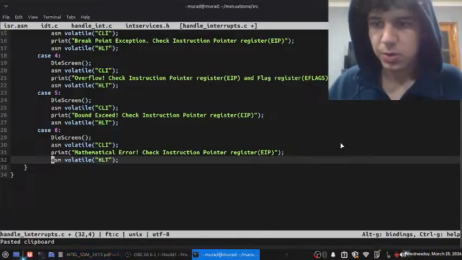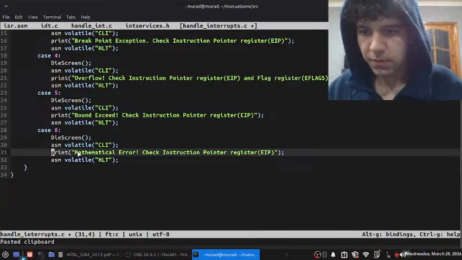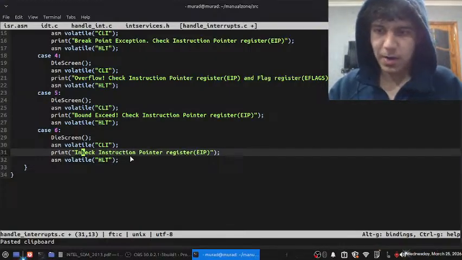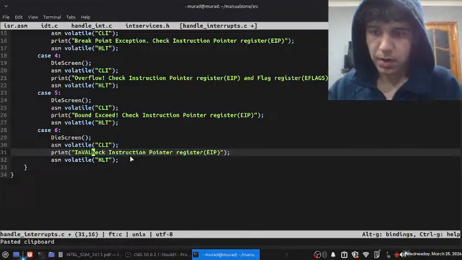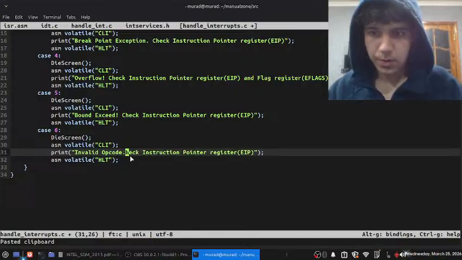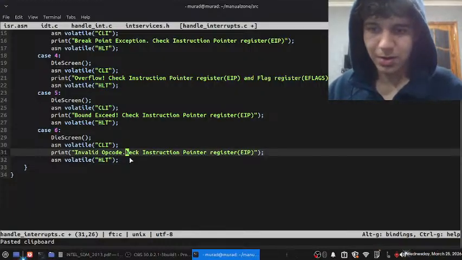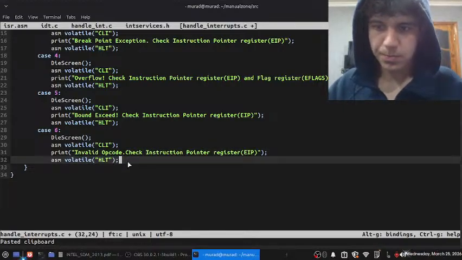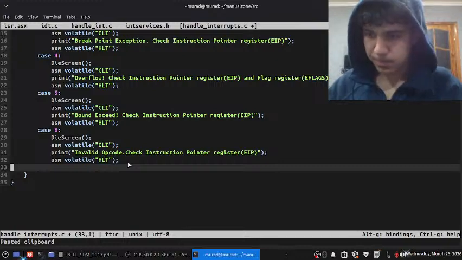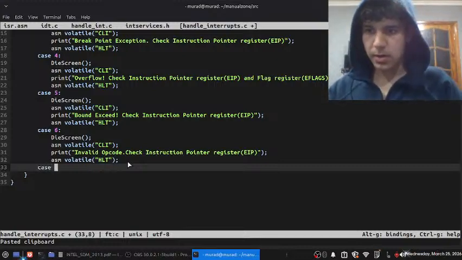Invalid opcode. Okay, invalid opcode, my favorite exception here. I don't know why. Invalid opcode. Write good code. Check. Case 7.